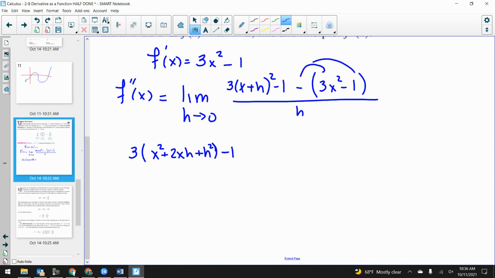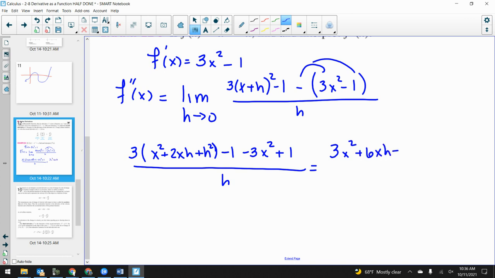Let's bring in this negative, minus 3x squared plus 1, all over h. So we have 3x squared plus 6xh plus 3h squared, just distributing in the 3, minus 1, minus 3x squared plus 1, all over h.